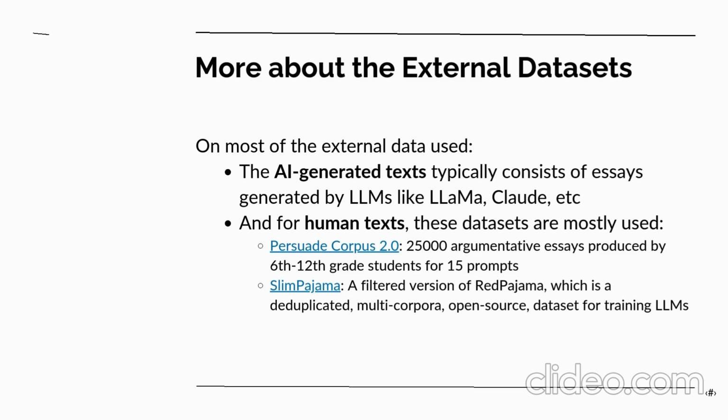The first one is the PERSUADE Corpus 2.0, which contains 25,000 argumentative essays produced by 6th to 12th grade students for 15 prompts. And the second one is the SlimPajama dataset, which is a filtered version of RedPajama, a deduplicated multi-corpora open source dataset used for training LLMs.